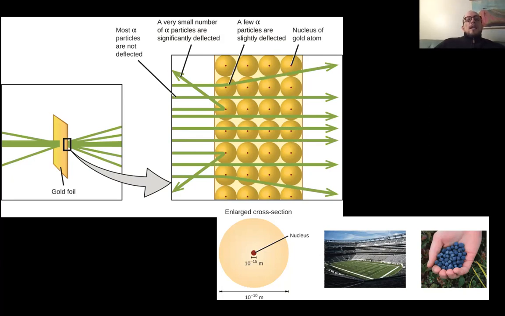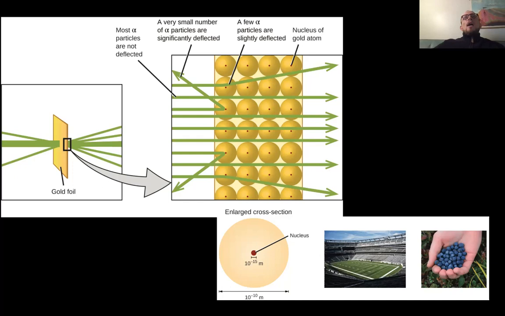What was interesting is that most of the particles that were shot at the gold foil traveled straight through. This was maybe not too surprising because people had found that many sorts of particles and rays that were shot at various objects could travel through them, X-rays being a very famous example.